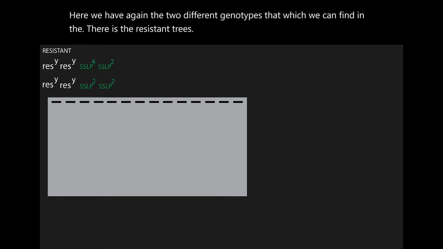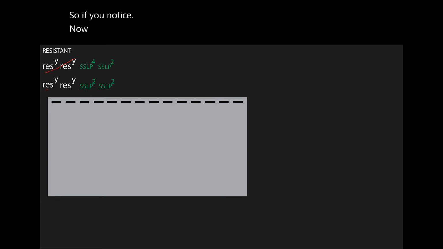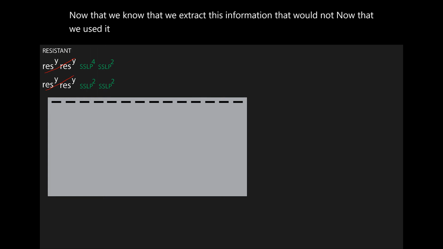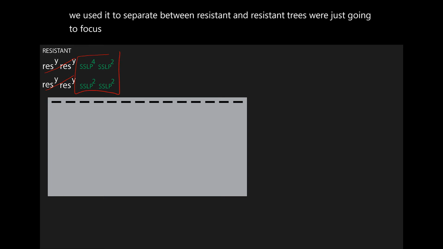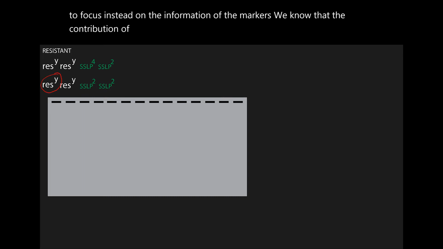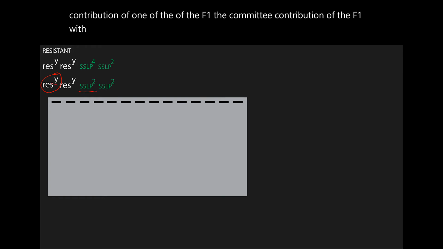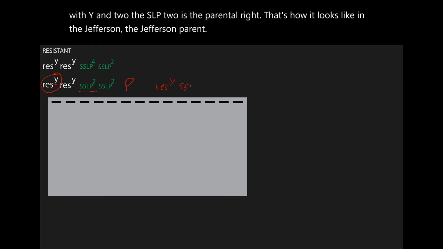So if you notice, now that we used this information to separate between resistant and non-resistant trees, we're just gonna focus instead on the information on the markers. We know that the gametic contribution of the F1 with Y and SSLP2 is the parental, right? That's how it looks in the Jefferson. The Jefferson parent can produce Res-Y, SSLP2.